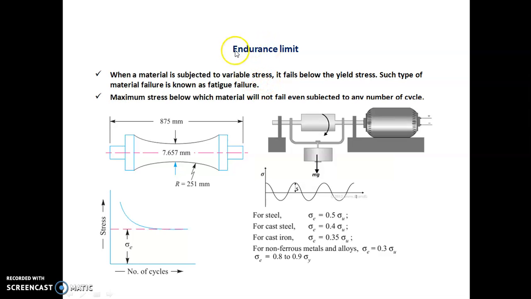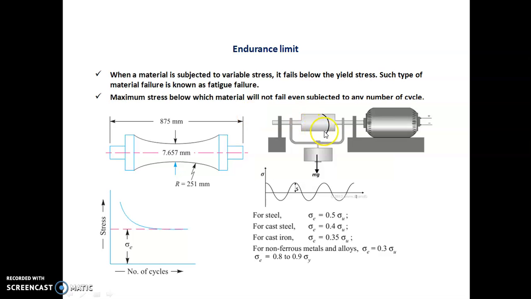The fatigue stress is called endurance strength, and the fatigue limit is called the endurance limit of the material, like the yield point. The maximum stress below which a material will not fail even when subjected to any number of cycles is called the endurance limit.